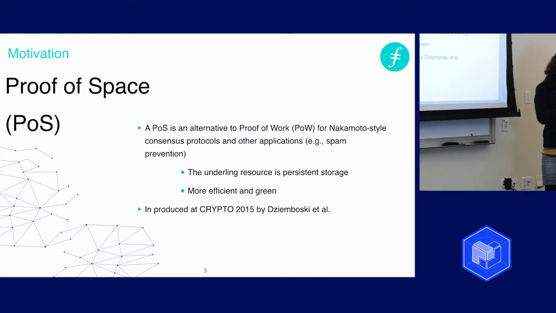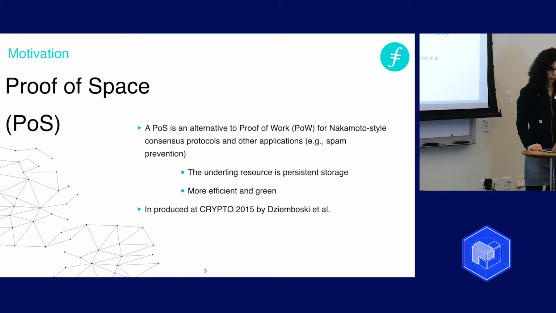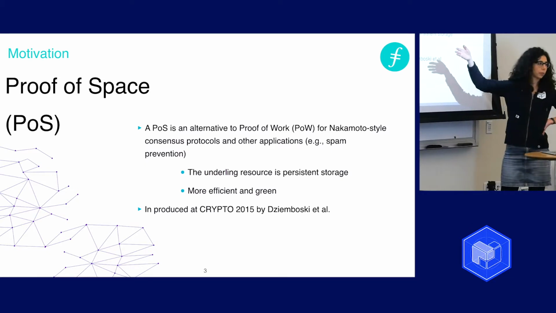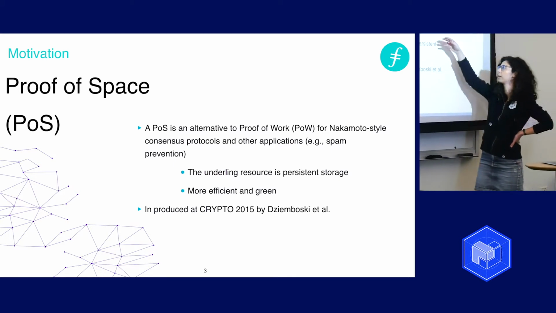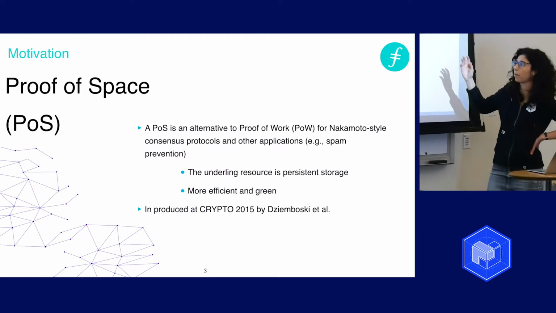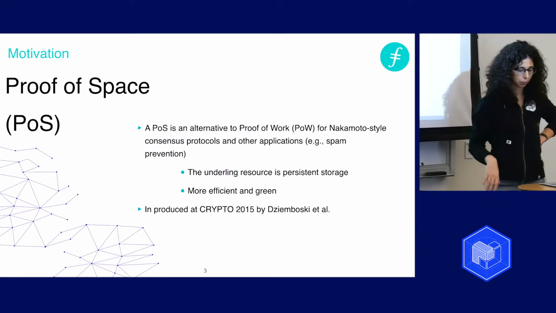As I said before, the motivation for proof of space was to have an alternative to proof of work. The applications of a proof of space are the same that we have for proof of work, so it can be spam prevention or consensus protocols.